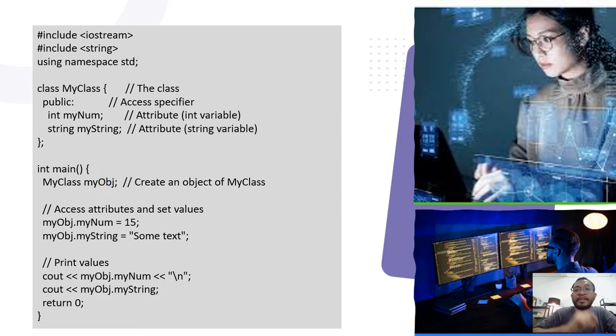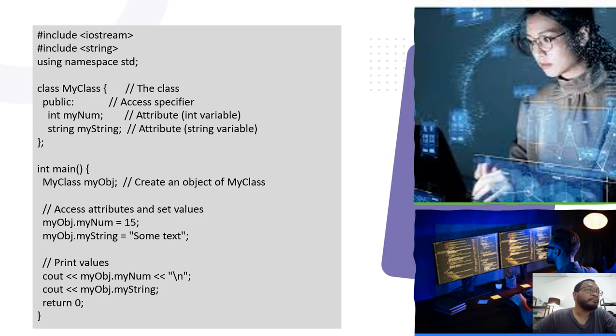Whenever you make this declaration, myObj automatically has the characteristics of the class. If you look into the class, there are two members, myNum and myString. So when you declare myObj, it will have these two characteristics.